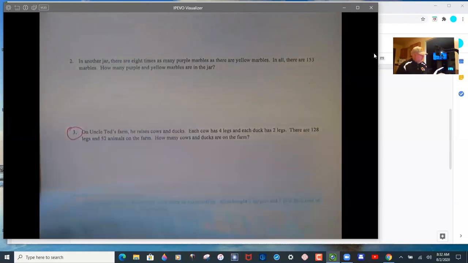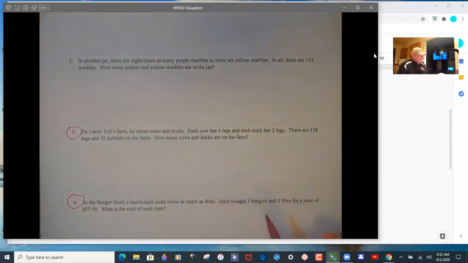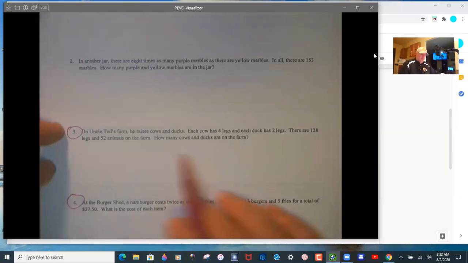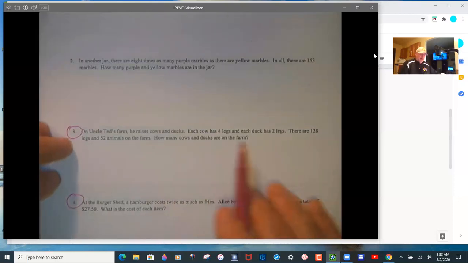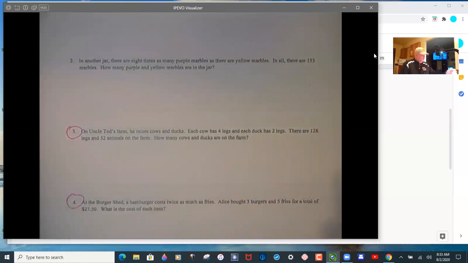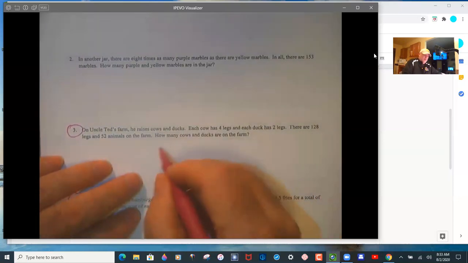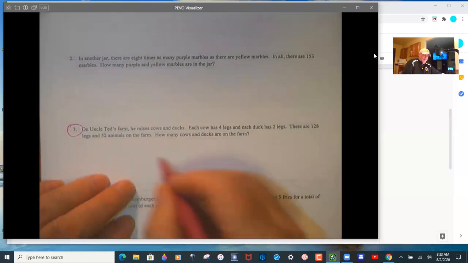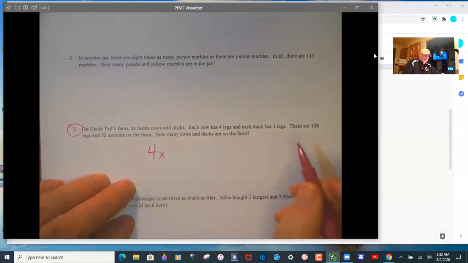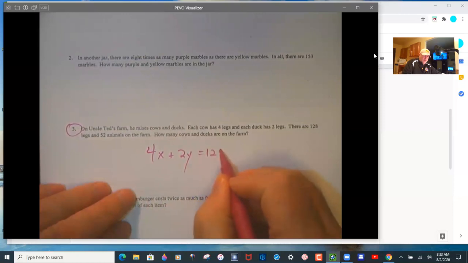Okay, with this. And so on problem 3, this is going to be a type 2 again. Okay, where you see these 3 corresponded values, legs, legs, and legs. So however you want to write this, x plus 2y is 128.